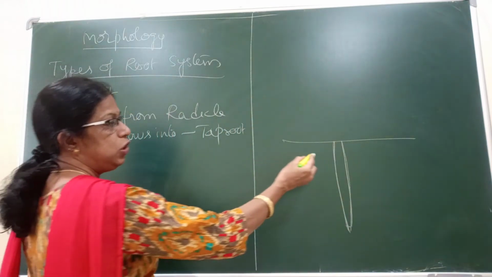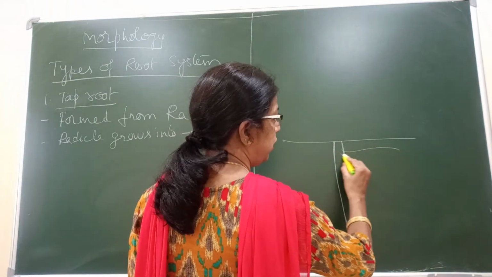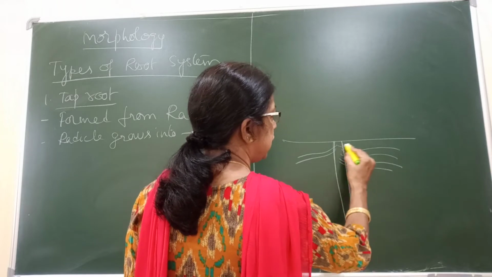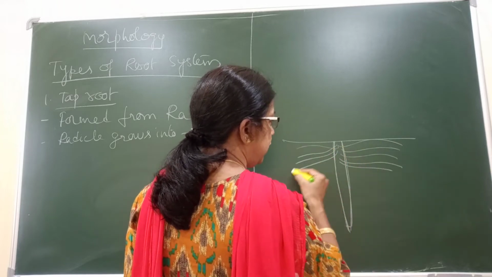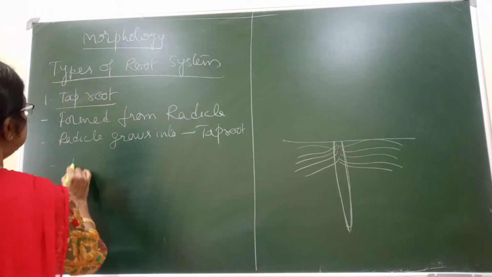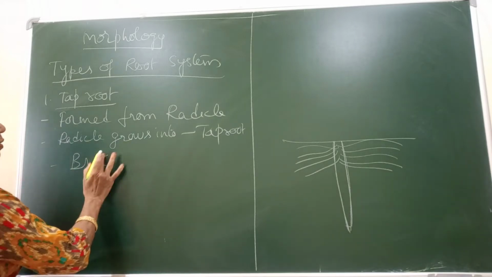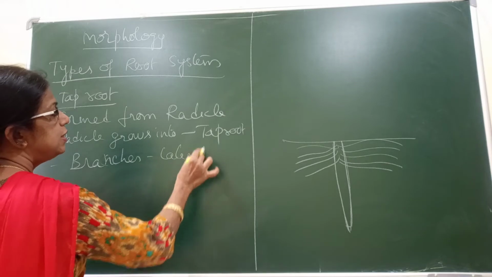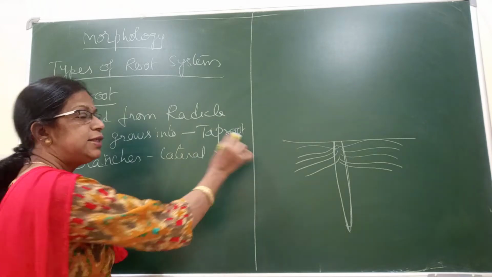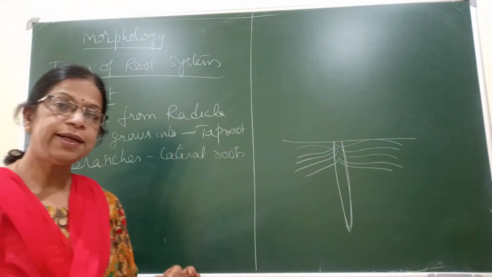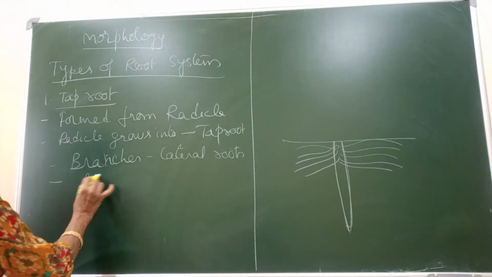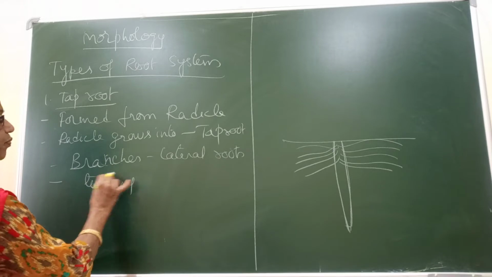Now this main root will give rise to many branches, and these branches which are formed from the main root are called as lateral roots, or they are called as secondary roots. These lateral or secondary roots further branch to form tertiary roots.